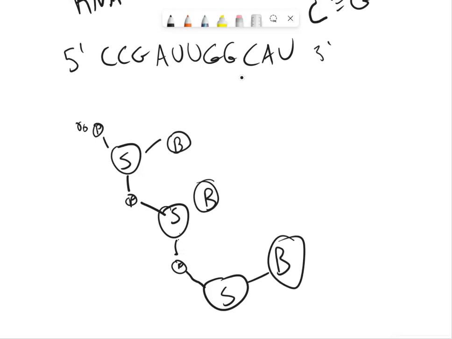So each nucleotide has a phosphate, a sugar, and a base. Phosphate, sugar, base. Phosphate, sugar, base. These should be bonded. And this base, again, can base pair with another base that would be over here. So if this was DNA, they would have little weak hydrogen bonds between those.